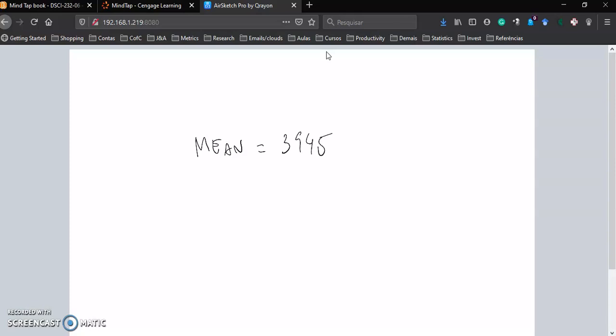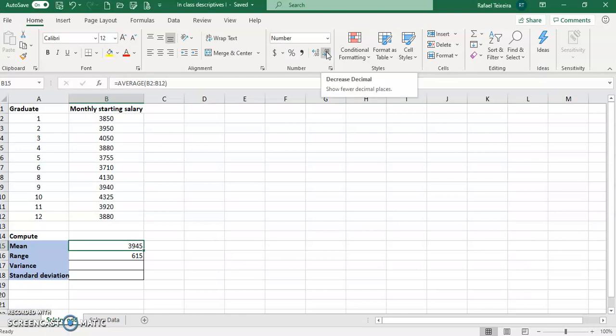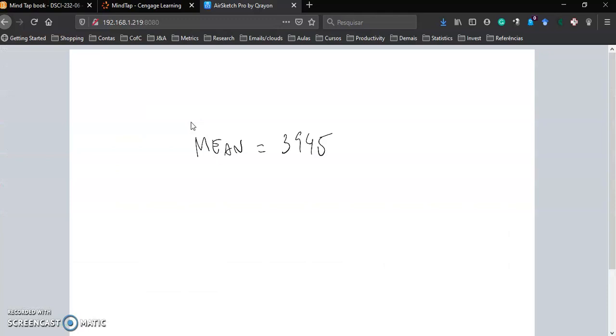So this is the mean. Let's go back and take a look. We have the first graduate, making a salary of 3,850. Based on this number, we have to figure out where 3,850 is. It is below the mean, a given distance from the mean.